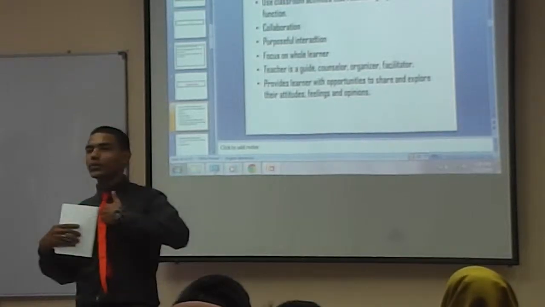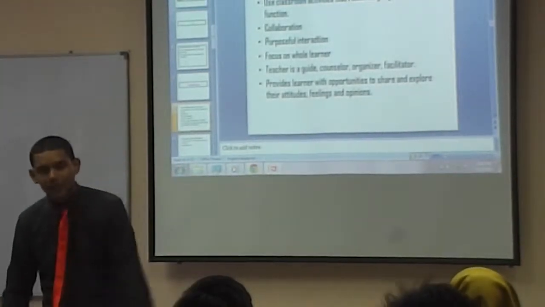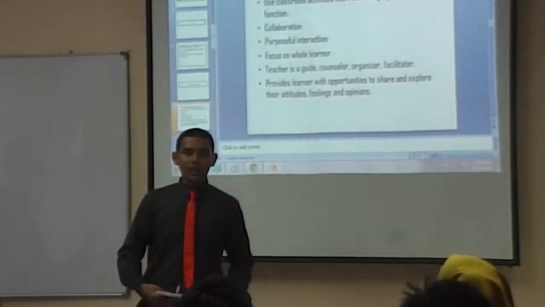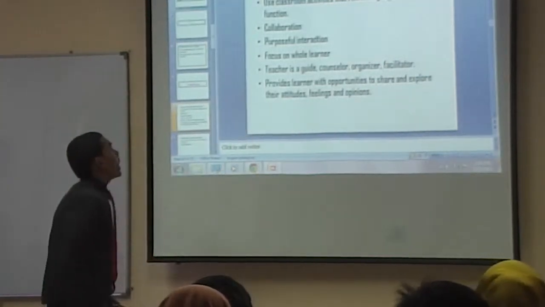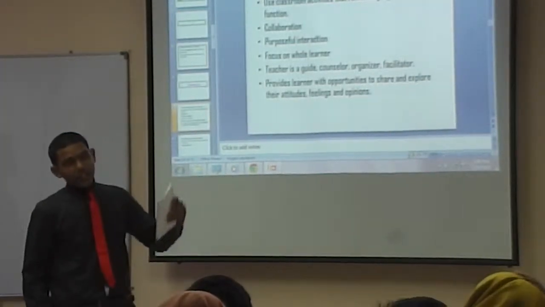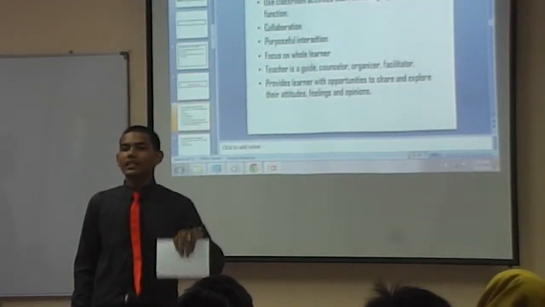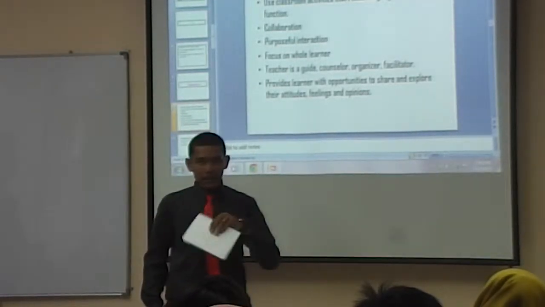We want to produce students who can communicate, who can speak in front, who are able to speak on their own without any help from their peers or friends. And of course, collaboration is important in this method, and it is not teacher-centered.